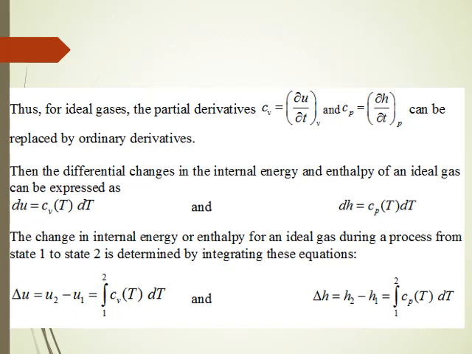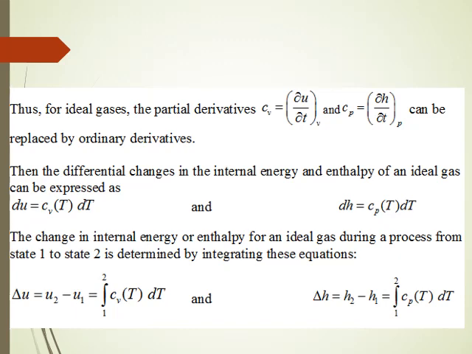These integrations, though straightforward, take time. They are time consuming, and that is why they sound somewhat impractical. To avoid all these hectic calculations, u and h data for a number of gases have been tabulated over small temperature intervals.